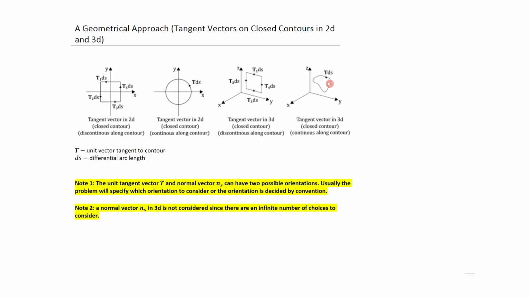For example, if we were to choose a normal vector to this contour here, then there are all possible orientations, one going upwards, one going down, one to the side, an infinite number of possibilities. And of course, math doesn't like that type of scenario, and so it has no physical meaning. We can say a normal exists, but unfortunately, there are just too many choices to be made.